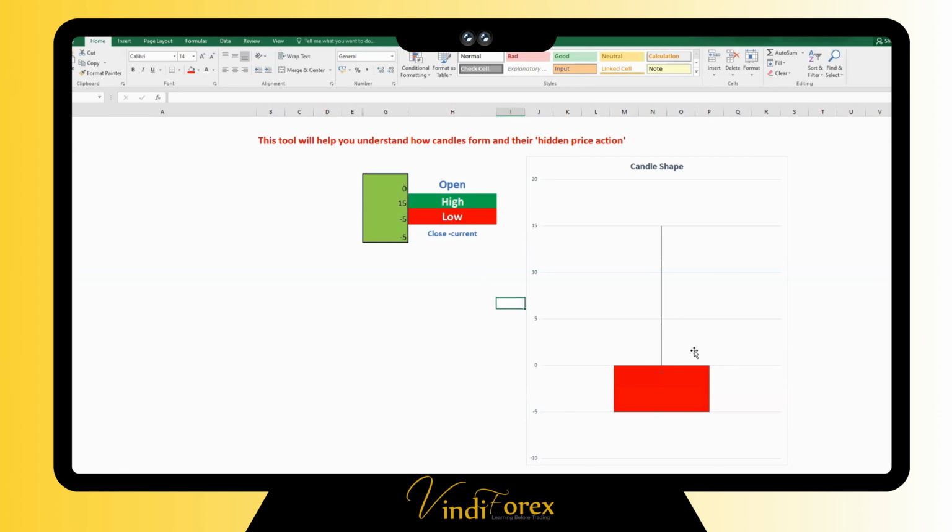Which is telling us that the high, which is this high here, 15, this couldn't keep up. That's why there's no body up here. Okay? There's no green body up here. But price has gone green at some point. It went 15 up, but there's no green body up here. So it came back down. It's a sell, strong sell, right?